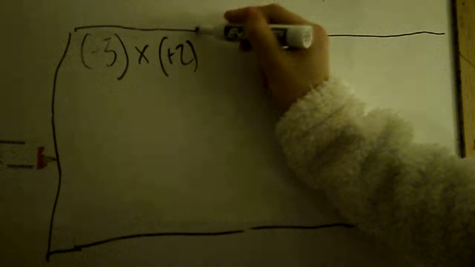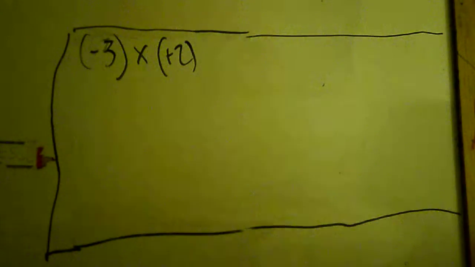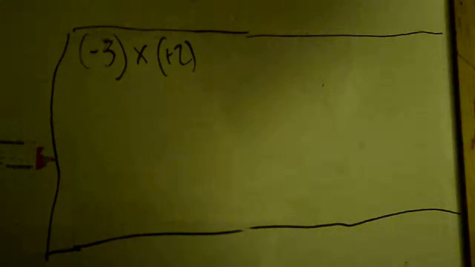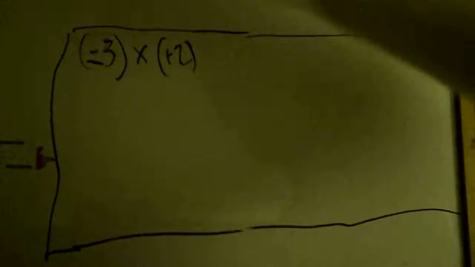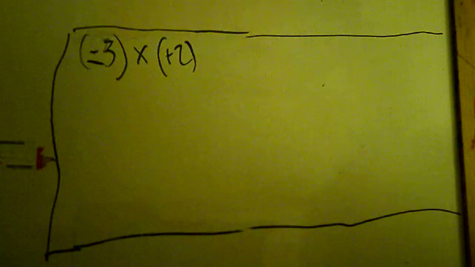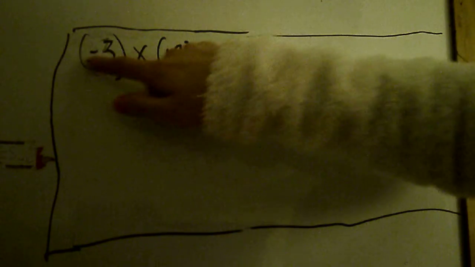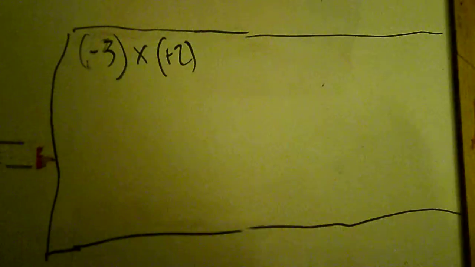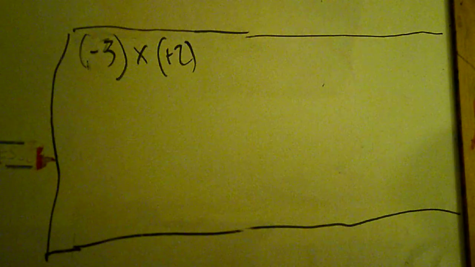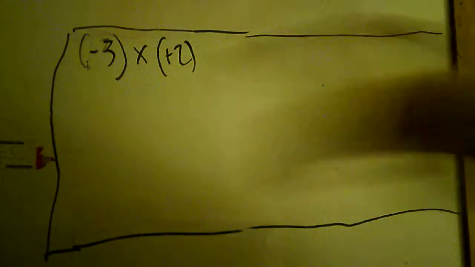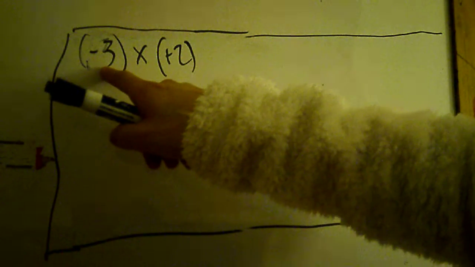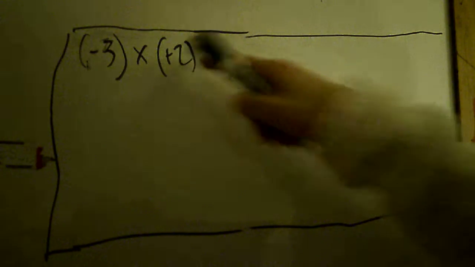What I'm going to do for this one is look at this sign. That means the negative. It tells you to remove 3 groups of positive 2.